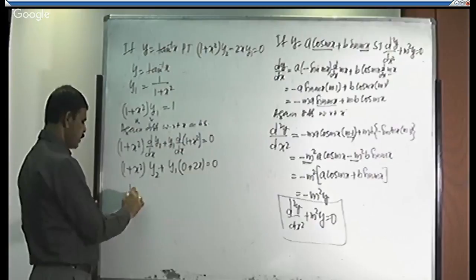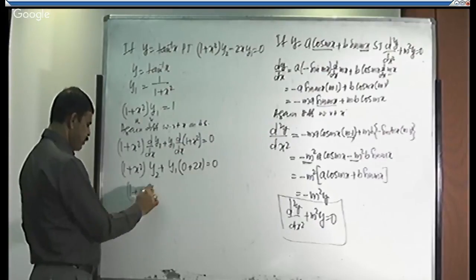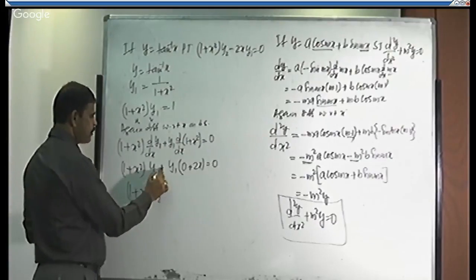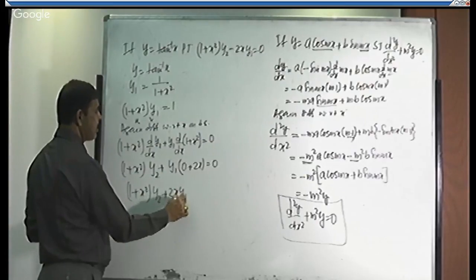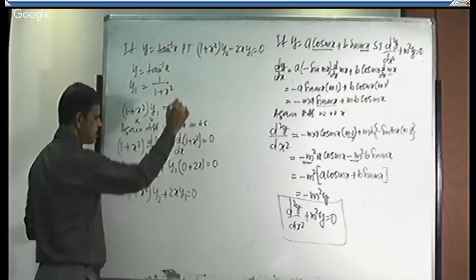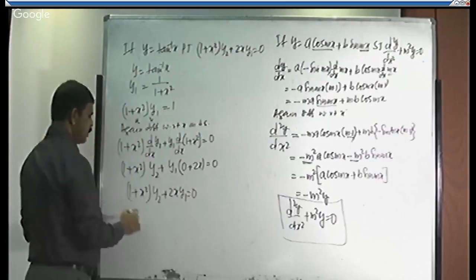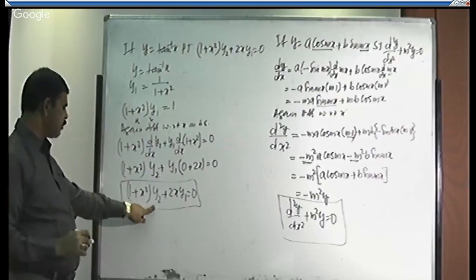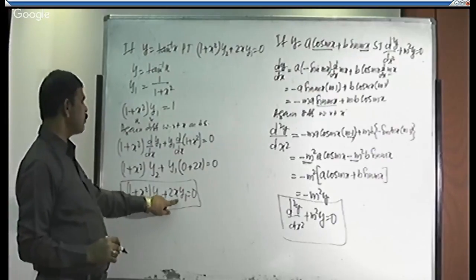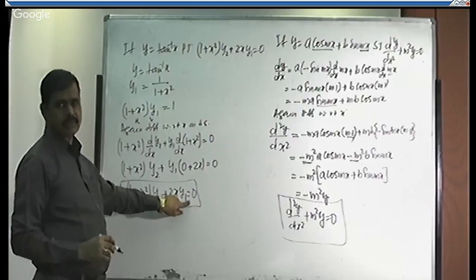So 1 plus x square into y2 plus 2x y1 is equal to 0. Sorry, it is plus only. This is the answer.